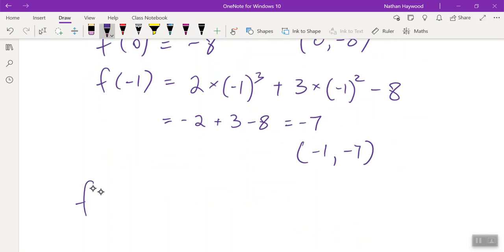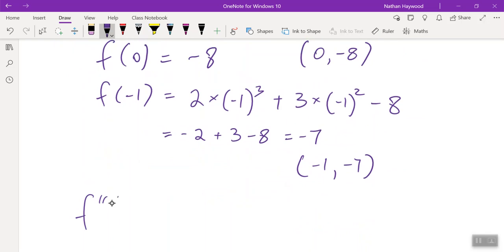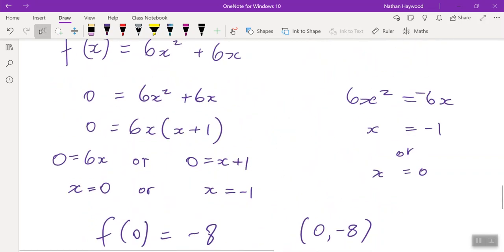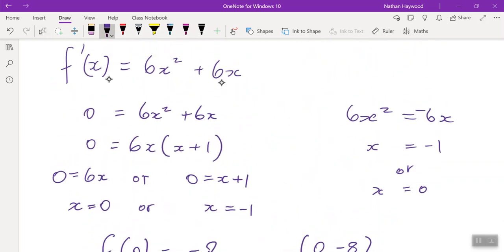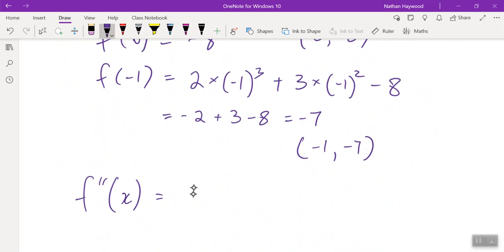Okay, so now let's have a look at the second derivative, see what it tells us. So this was the first derivative, second derivative, bring the power out the front, and minus 1 from the power, so you're left with that.